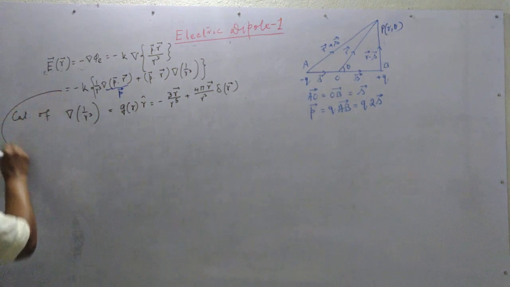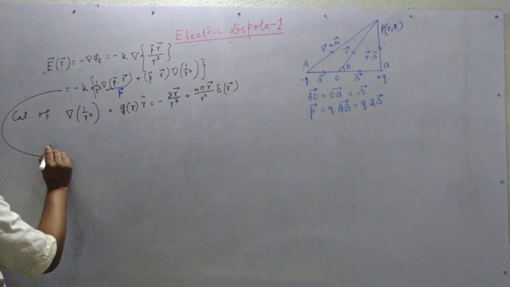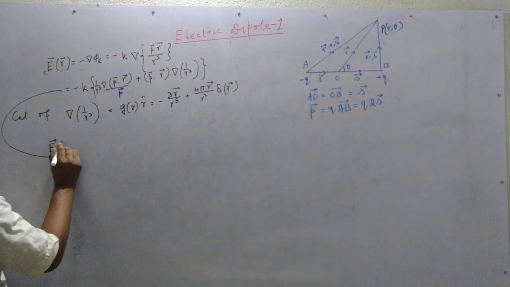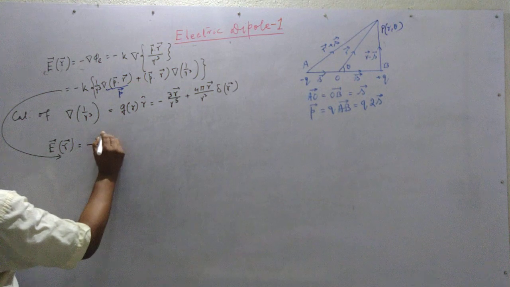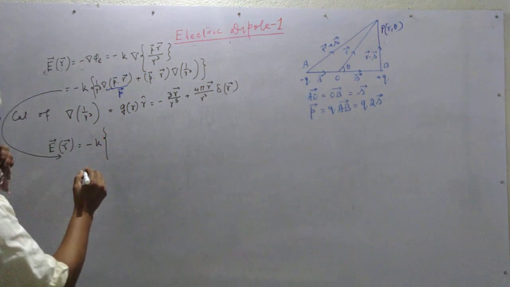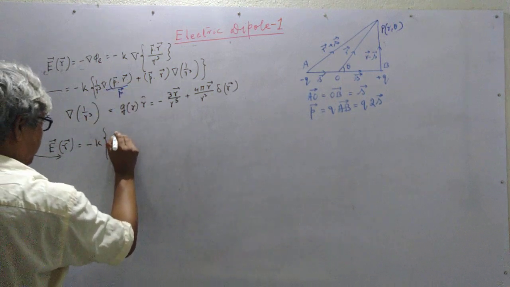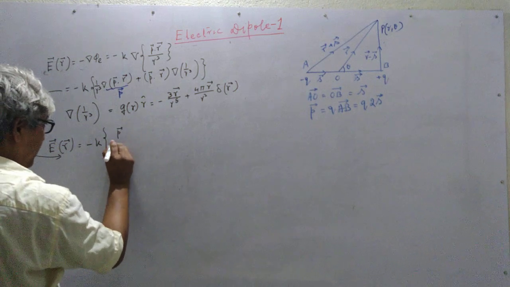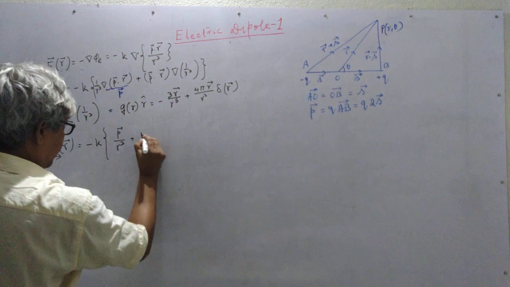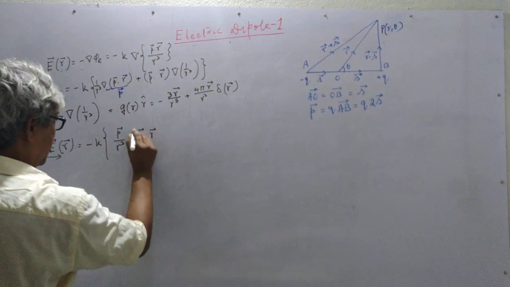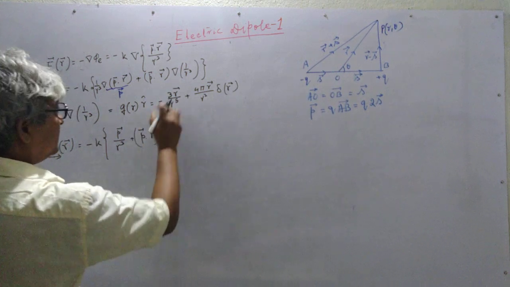So if we write this, E at r now comes out to be minus k times vector p by r cube, p dot r times this term.